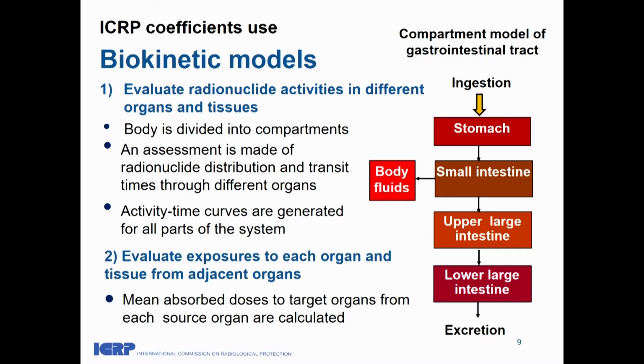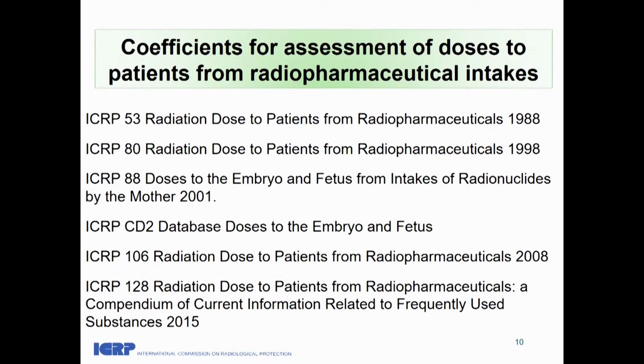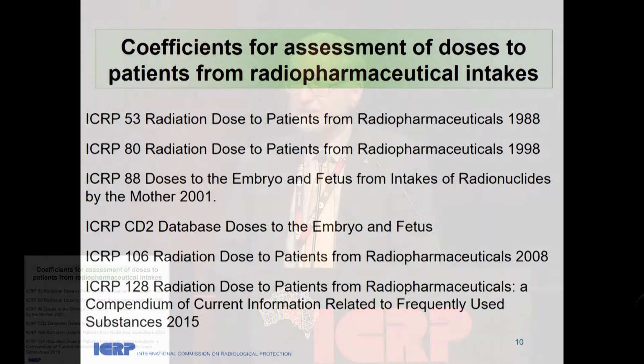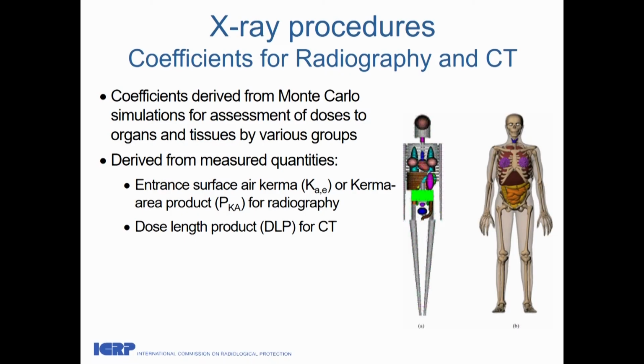So we know the distribution of radioactivity in the body, and then we can work out the doses to target organs based on this information. And there's been a whole raft of publications since 1988, and the latest one in 2015. As our knowledge and the models improve, we can get better and better information.